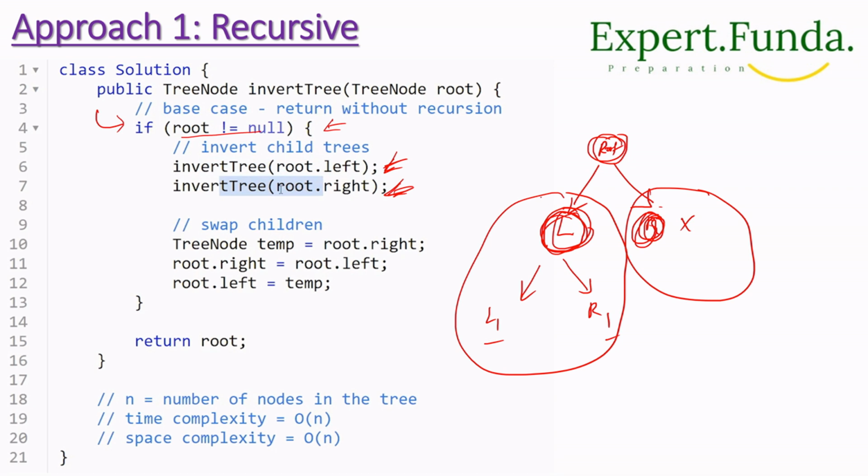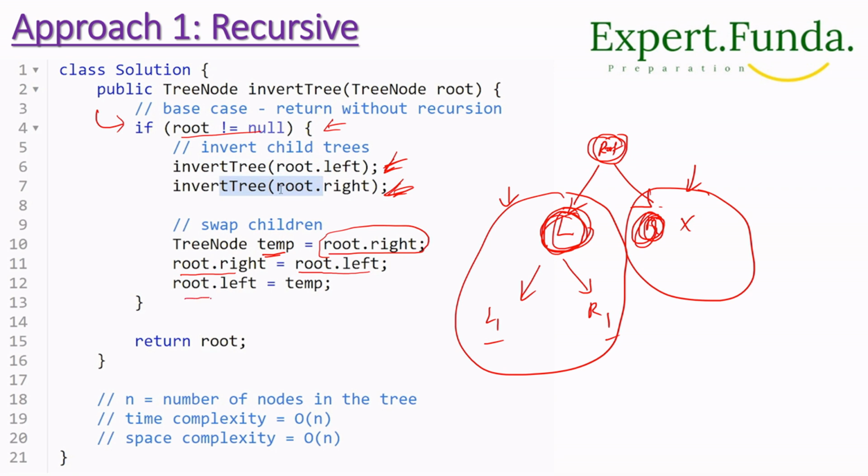Now we have to swap this one and this one, so we will take a temp, and in the temp we will store the right one. On the right side we will update root dot left.